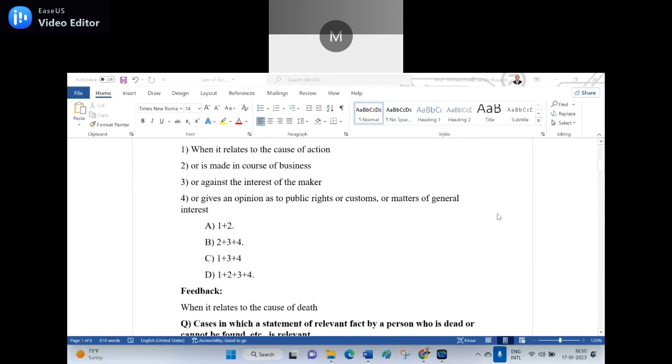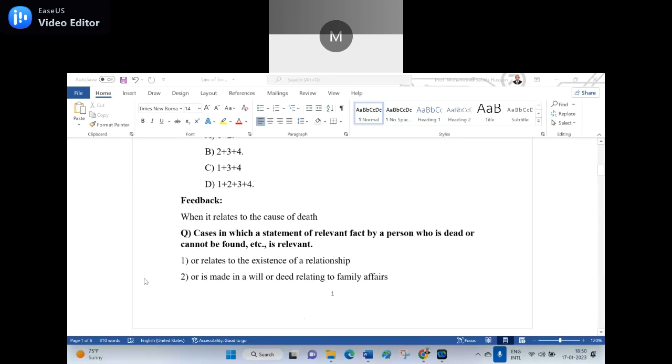In the second question we dealt with it, now the third question. Cases in which a statement of relevant fact by a person who is dead or cannot be found, etc., is irrelevant.